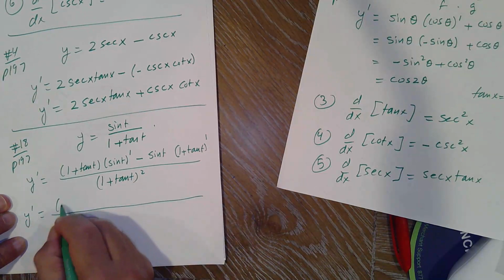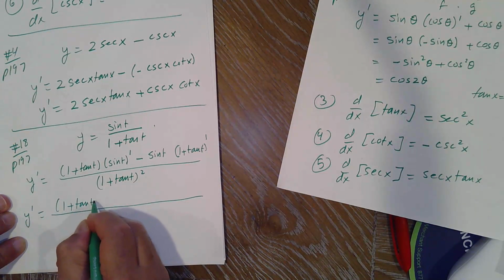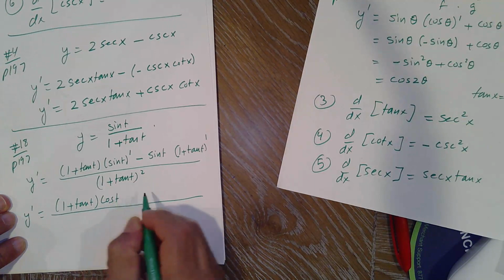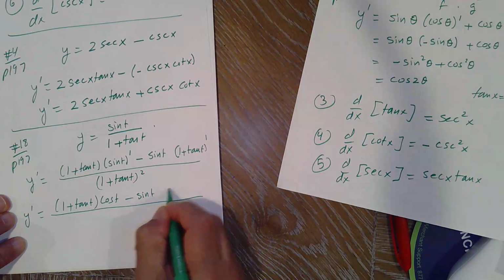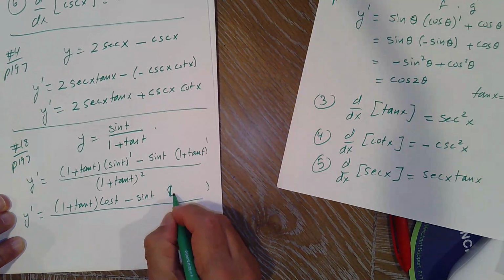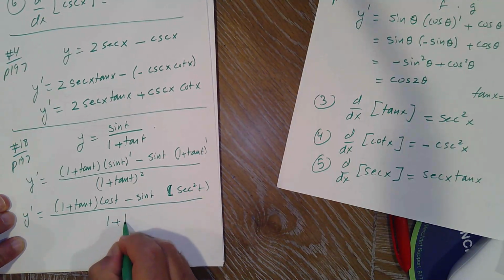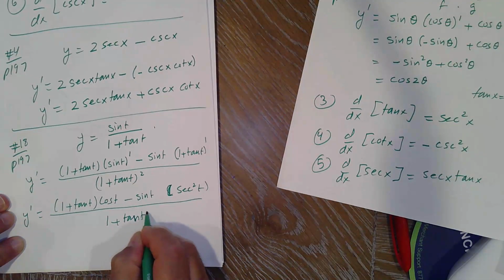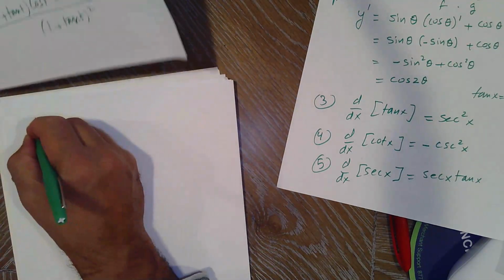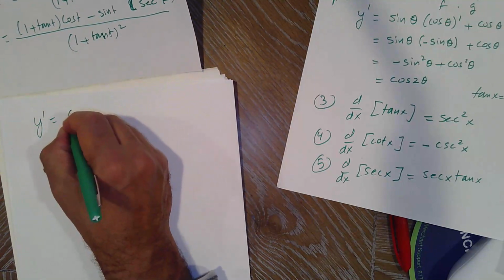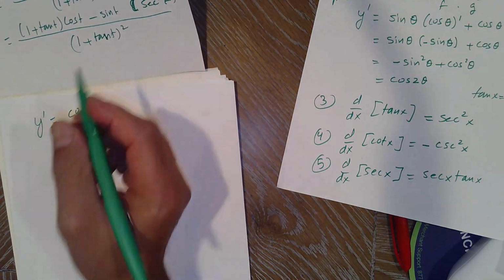So 1 plus tangent times derivative of sine, which is cosine, minus sine, derivative of 1 is 0, derivative of tangent is sin square over 1 plus tangent t. So now we can work it out, distribute cosine, so it would be cosine t plus tangent times cosine.